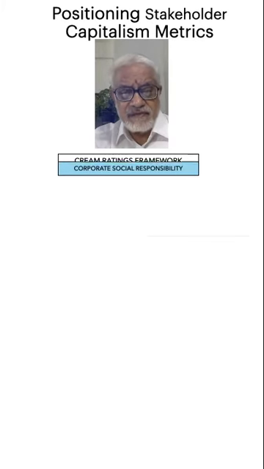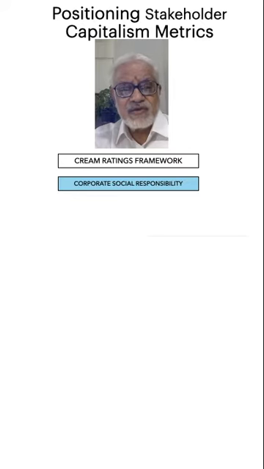To go further, corporate social responsibility is split into two factors. While going through this SCM, Stakeholder Capitalism Metrics report, I did not find corporate social responsibility mentioned even once. So be it. But I have seen materiality being mentioned 29 times.